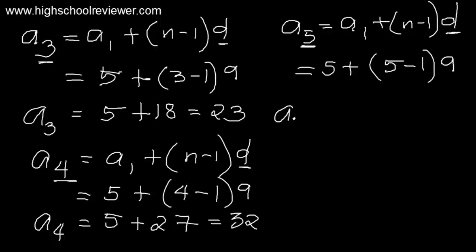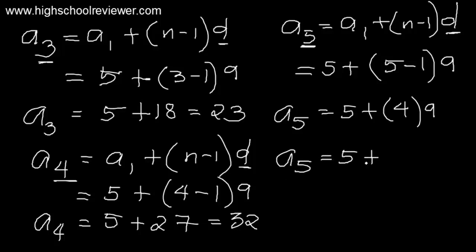So A sub 5 here will be equal to 5 plus 5 minus 1, that is positive 4 multiplied by positive 9. So our A sub 5 now will be equal to 5 plus 4 times 9, that is positive 36. So this will be equal to positive 41.